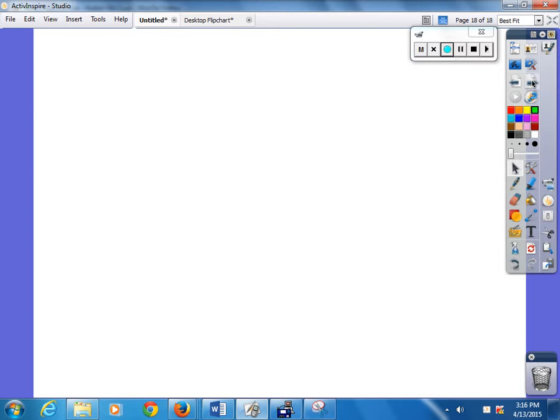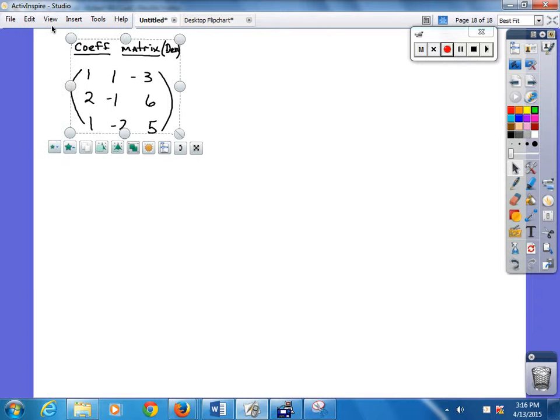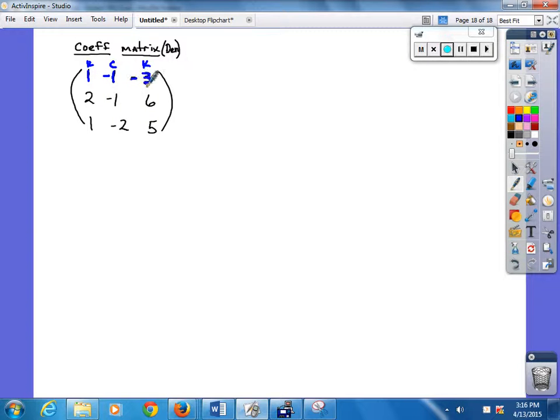And we will put it on this page. Keep, change, keep. So that's going to be a positive 1, a negative 1, and a negative what? 3. So 1, negative 1, negative 3.